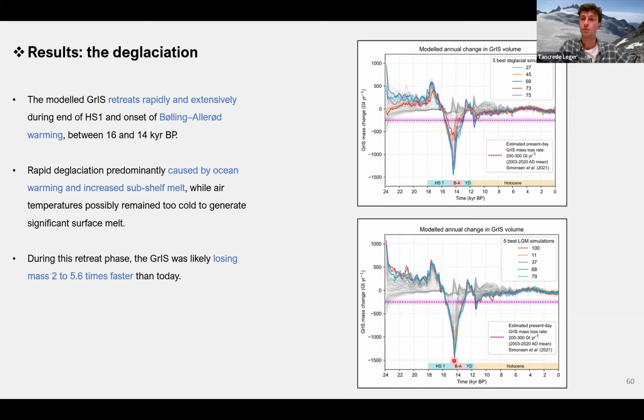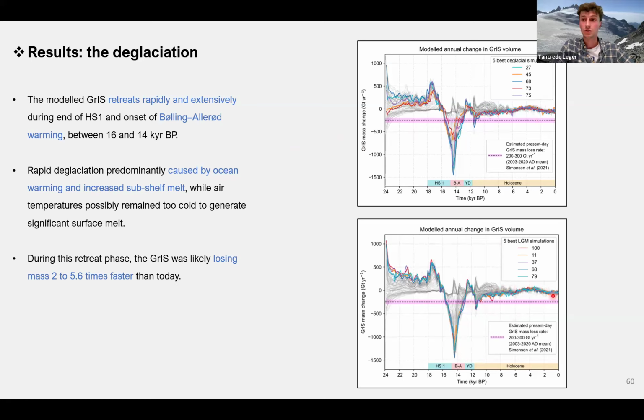And I've also plotted the modeled annual change in GrIS volume, so just the rate of mass change. You can see that during this peak deglaciation phase, early Bolling-Allerod, we have mass loss rates of between 500 and up to 1,500 gigatons per year, depending on which simulation we look at. So we have quite a lot more than the present day.